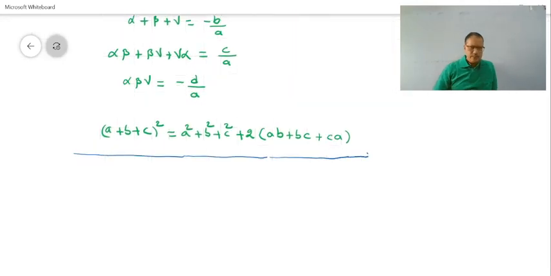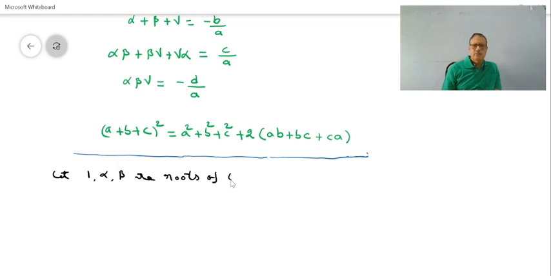Okay. So what is f of x is equal to 0? That is x cube plus ax square plus bx plus c. Let 1, alpha, beta be roots of the equation f of x is equal to 0.